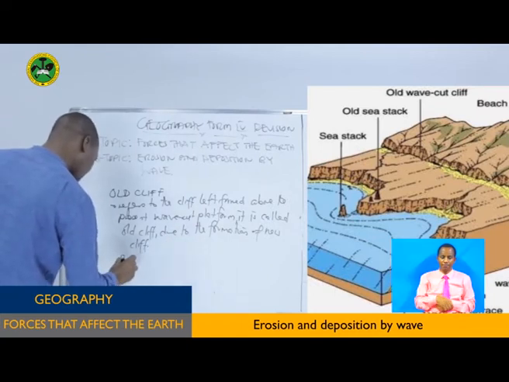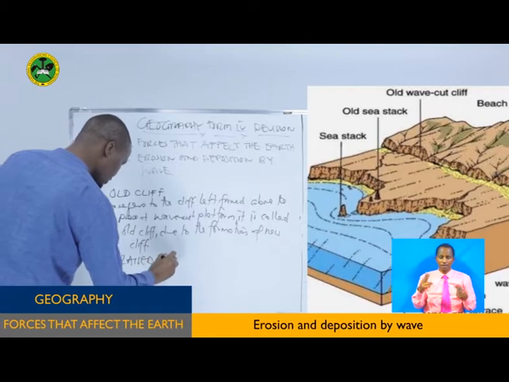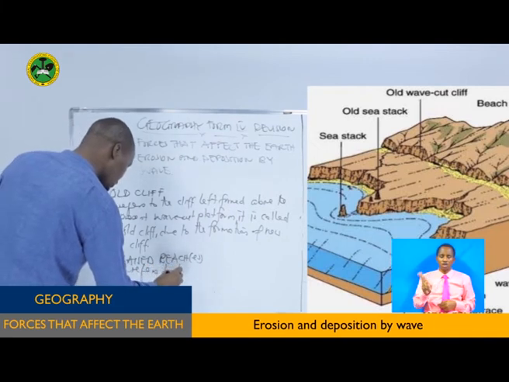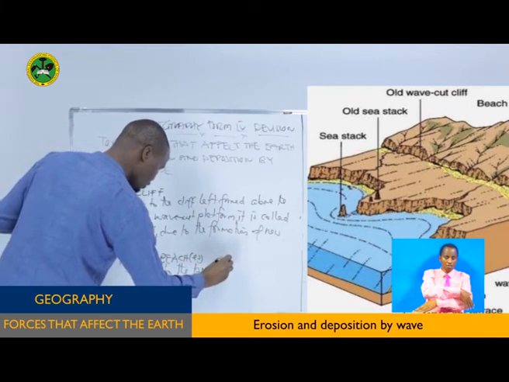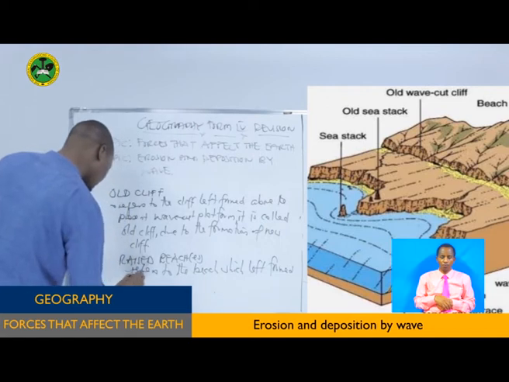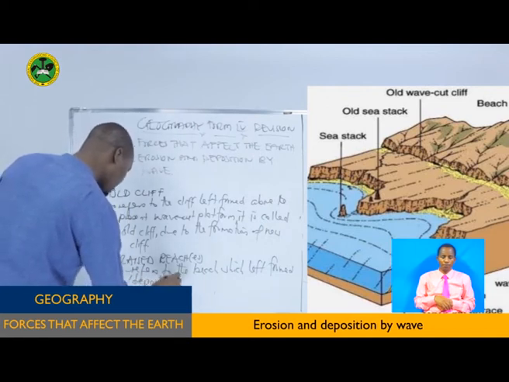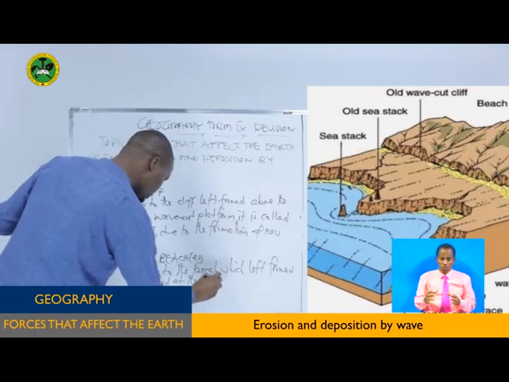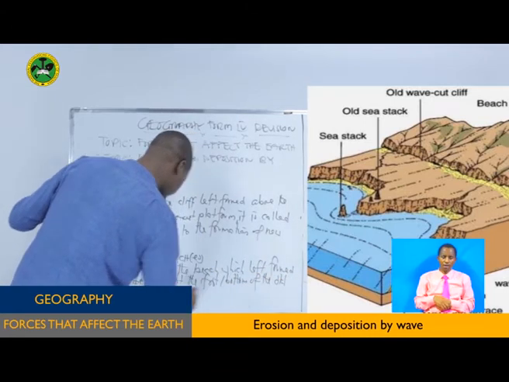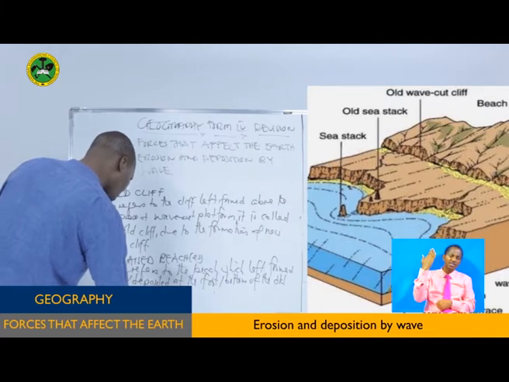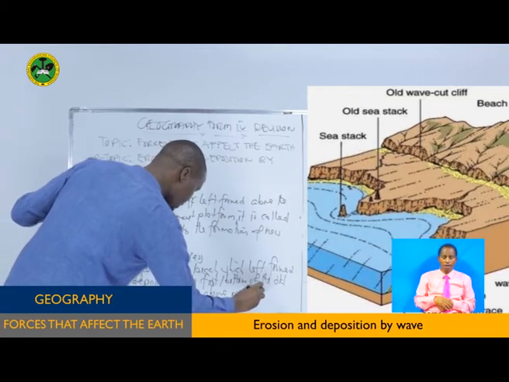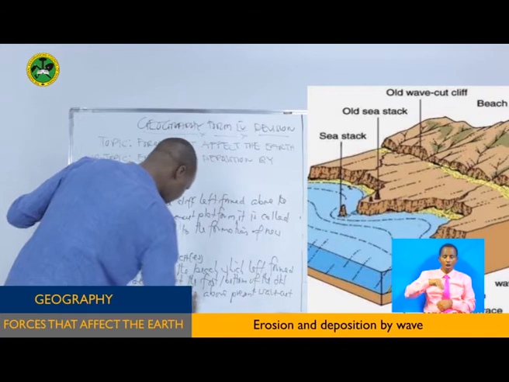Then we have the raised beach. The raised beach, see, refers to the beach which was left formed or deposited at the foot or bottom of the old cliff, or above the present wave cut platform.